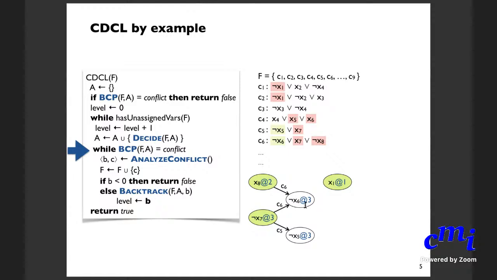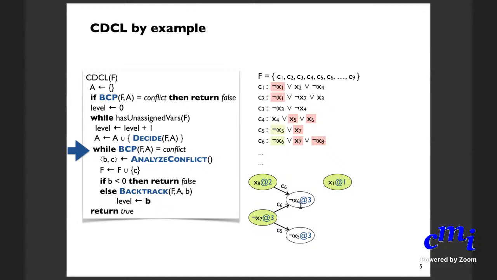Every node is either an explicit decision or a literal implied by the BCP, and an edge with a label of a clause indicates the clause and the decisions that resulted in the generation of that literal.